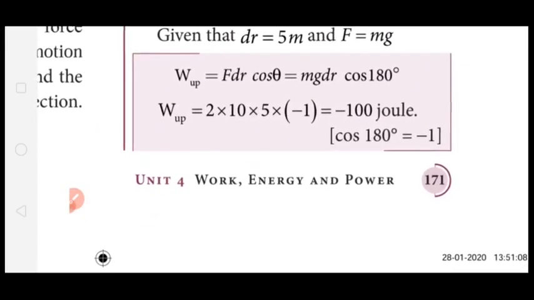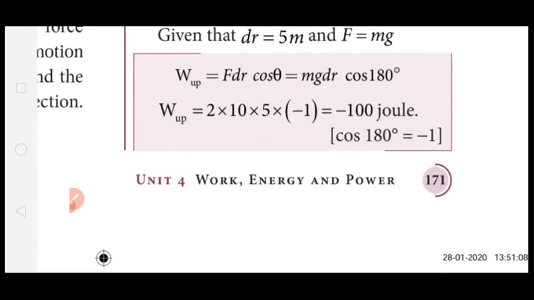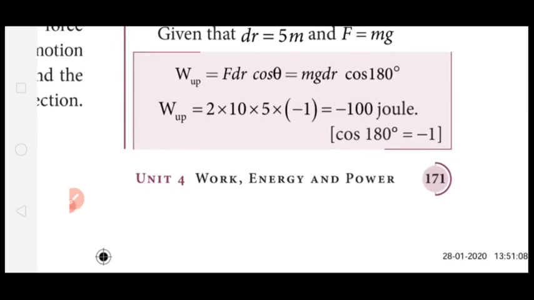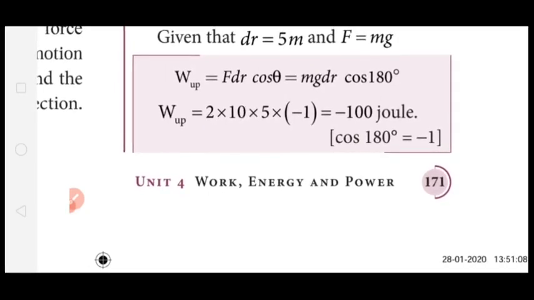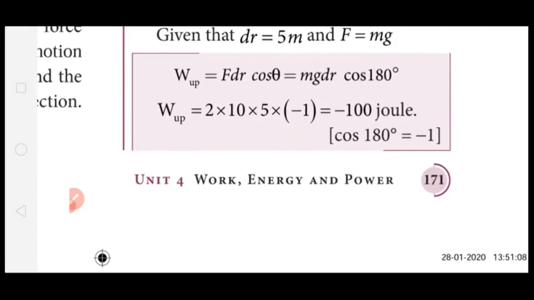The height the object goes up from the ground is 5, the same as dr. Cos 180 degrees is -1. Multiplying 2 into 10 into 5 into -1: 2 into 10 is 20, 20 into 5 is 100, and 100 into -1 is -100 joule.